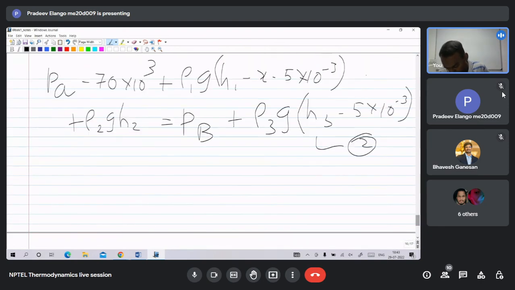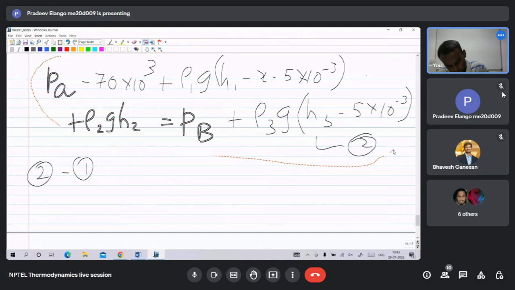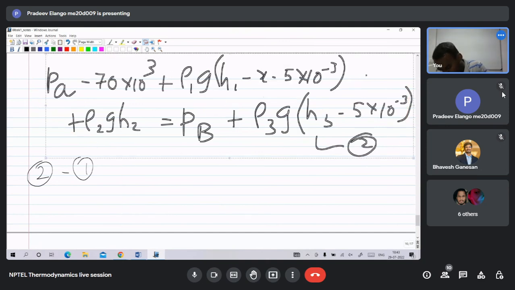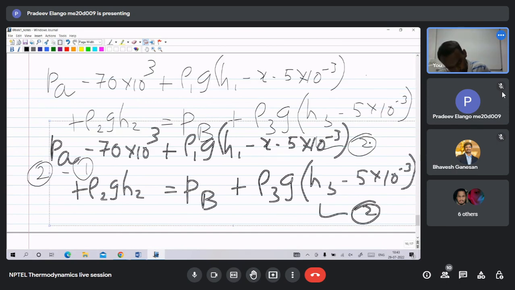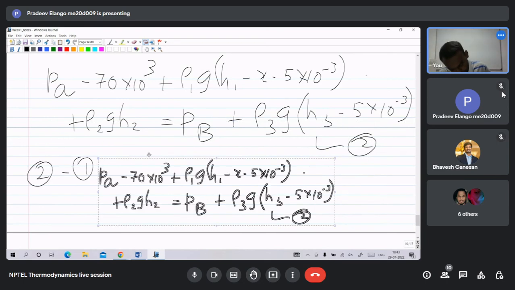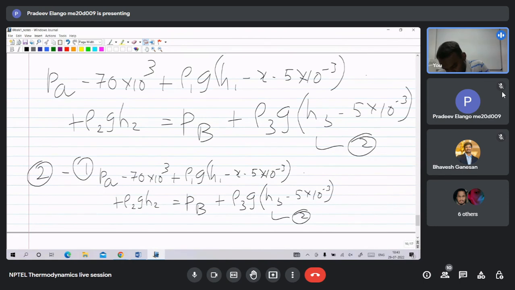So when we have equation 1 minus 2, P atmosphere will be the same, the rho 2 g H2 term will be the same, so it will get cancelled out.